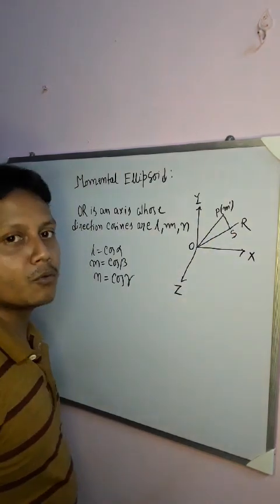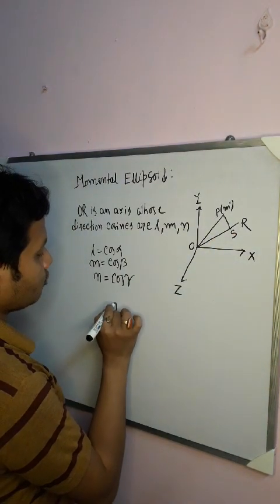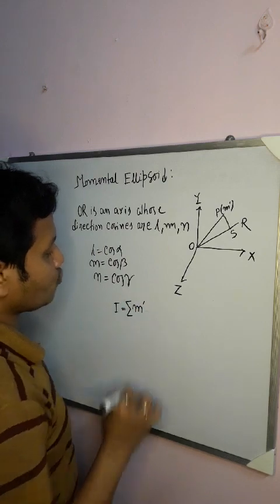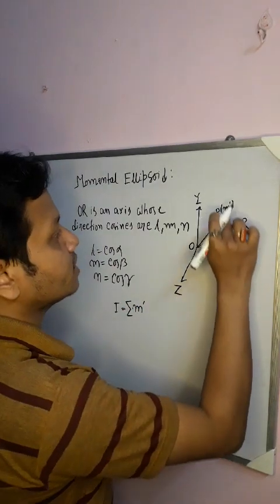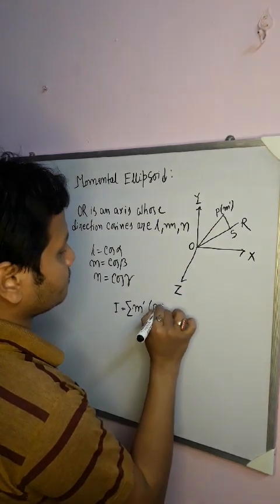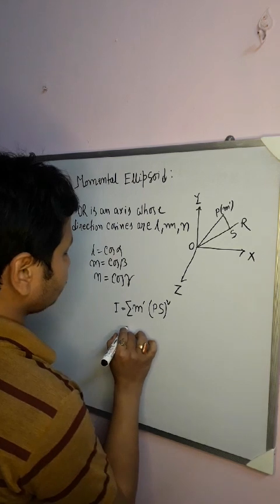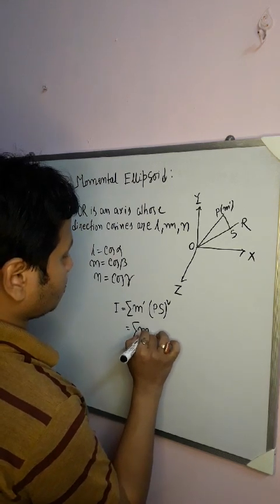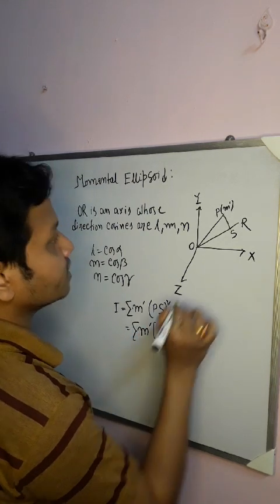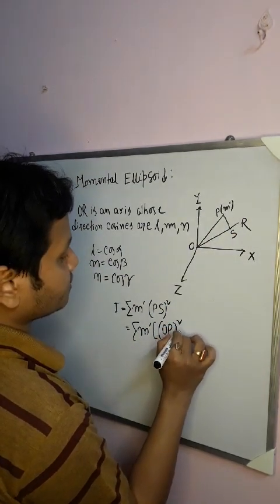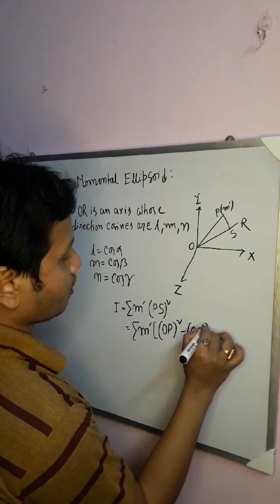So what would be the moment of inertia of the entire body? Sum over m dash into this perpendicular distance, that means PS square. So what is PS square? Simply OP square minus OS square.